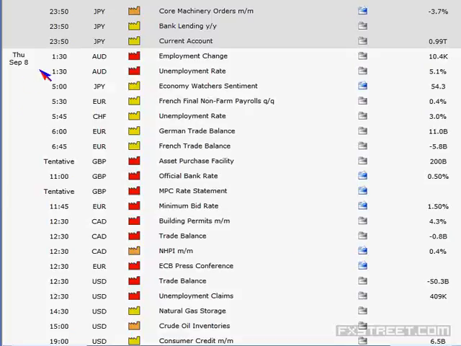Then on Thursday, September 8th, the asset purchase facility in the case of the UK, and also the official bank rate, there is no change expected. And for the minimum bid rate, no change is expected from the ECB. Then the trade balance of the US is also expected around 12:30 GMT, and also the unemployment claims and the ECB press conference.